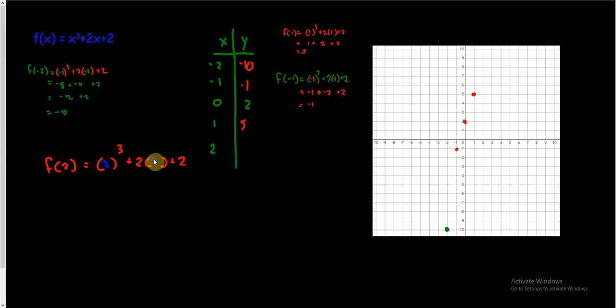This one may not fit on my graph. 2 to the third power is 8. 2 times 2 is 4 plus 2. Oh my, let's see. 8 plus 2 is 8 plus 4 is 12. Plus 2 is 14. That definitely doesn't fit on my graph, but let's try to extend this and keep the spacing: 11, 12, 13, 14.